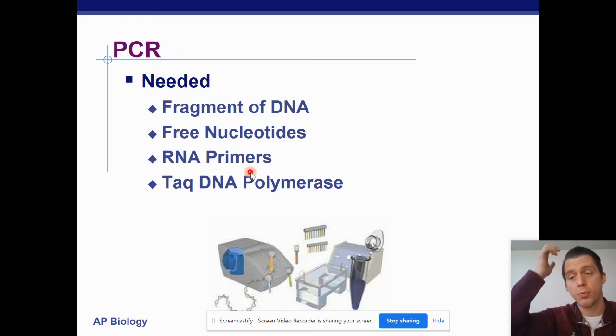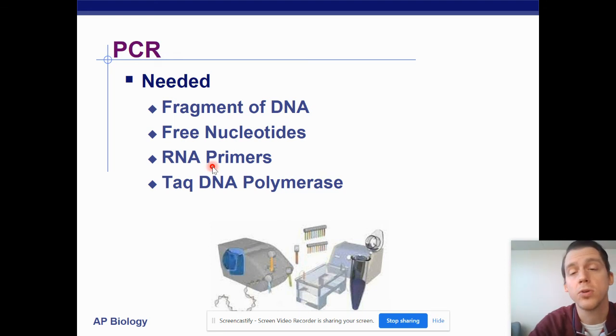We need RNA primers, right? We know that in order to replicate DNA, we need those RNA primers already there. So this actually means that we need to know the sequence of the ends of the DNA we want to copy. That's how we get the primers. And we also need something called the Taq polymerase. This is a DNA polymerase that is in a microorganism that lives in very hot environments.